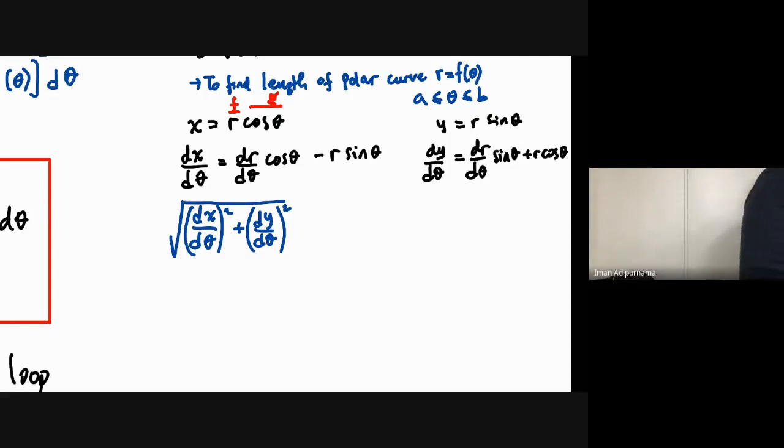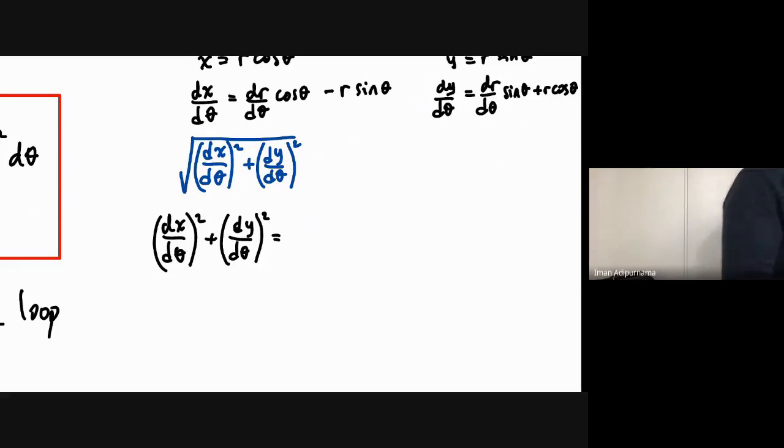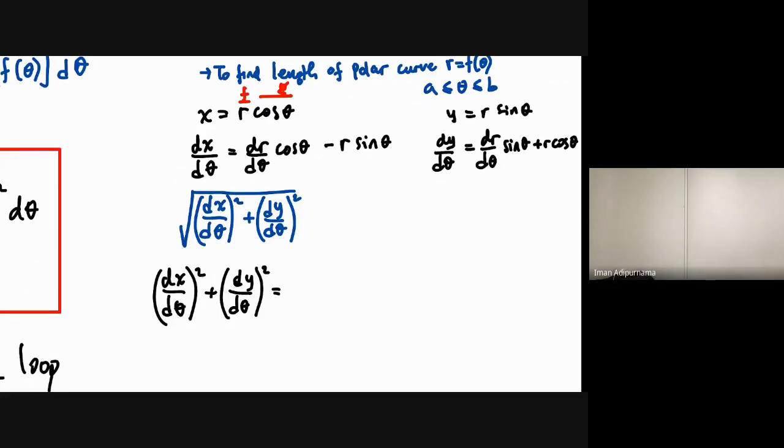In the last chapters, we need to find just these two terms. So let's write these two terms. Okay. So let's square all the dx over d theta and dy over d theta. Let's square both of them.